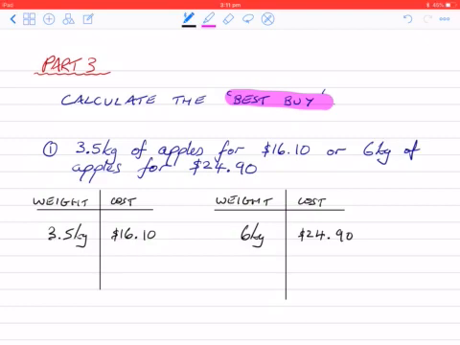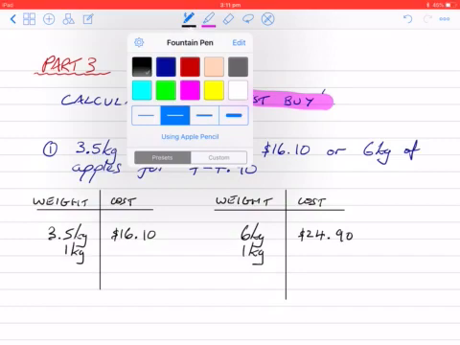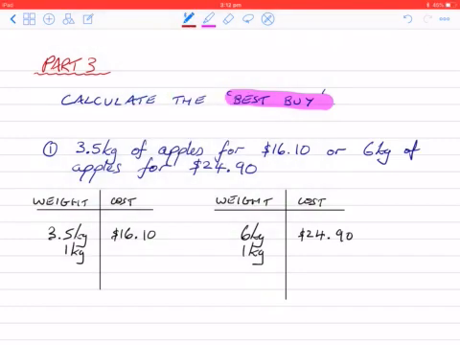Okay, so what we're going to do is the same as that unitary method. We're going to find out what 1 costs. I'm going to do 1 kilogram here, and I'll do 1 kilogram over here. So how do I find 1? So here I had 3.5. How do I change that into 1? Well, I divide it by 3.5. That will turn it into 1.